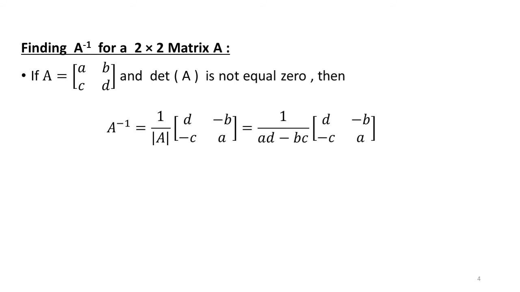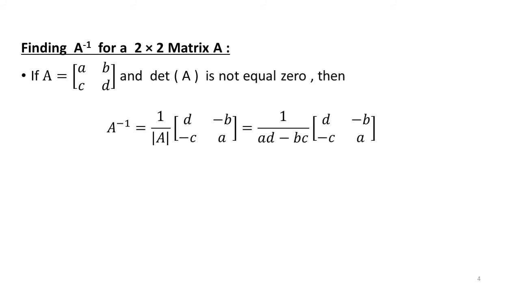Plus means minus, minus means plus. Here both of them are plus, so I change both of them to minus. We know that the determinant of A is nothing but ad minus bc for a 2 cross 2 matrix, and inside the matrix we have this small change. For the downward arrow, we change the numbers. For the backward arrow, we change the sign.